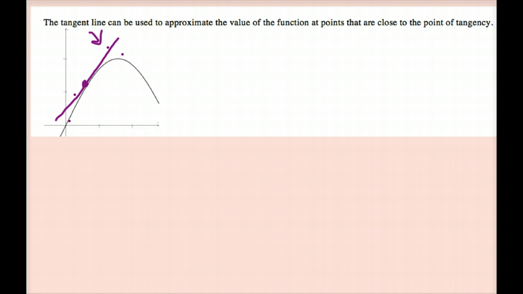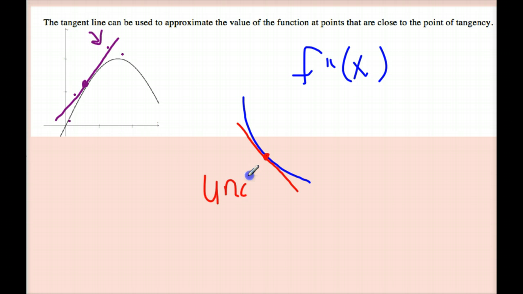One important thing to look at is the second derivative. Anytime I have something concave up, if I draw a tangent line here, all of our approximations are below that line. So these would be under approximations.